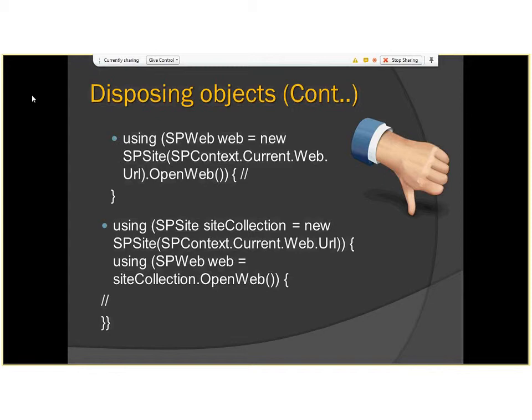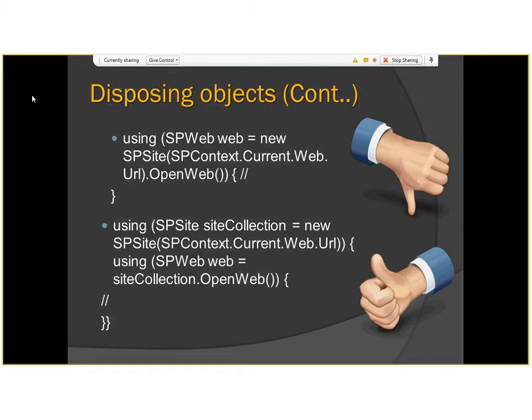So here you can see that I'm using the proper scope for the site collection and for the web as well. Whenever my code goes out of this scope, the SPSite object or SPWeb object will eventually be disposed. This is the thumbs up, right?